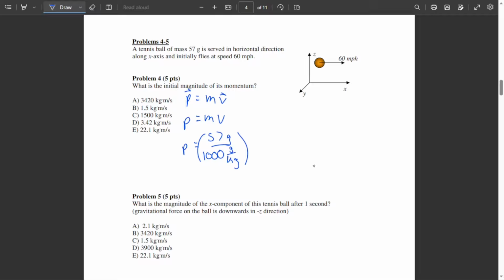So 1 mile is equal to 5280 feet, I think. Yes. And then 1 foot is equal to 12 inches. 1 inch is about 2.54 centimeters. 1 centimeter is 100 meters.